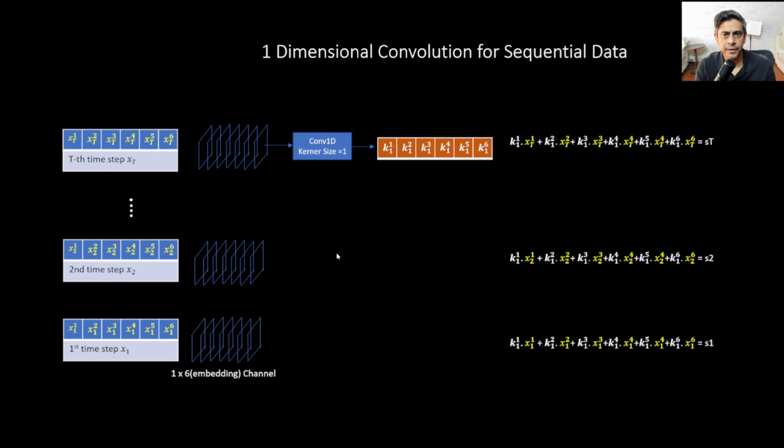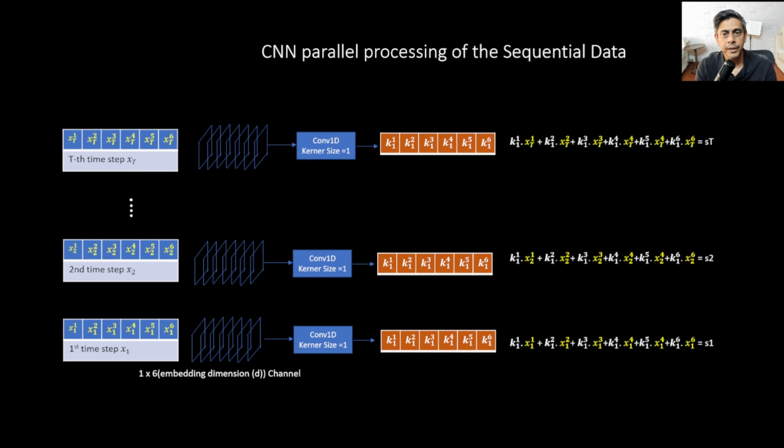We have represented this as a sequential operation just to comprehend the convolution operation, but in reality they are all done in parallel. As a result, in an RNN, we had to wait for the next word to appear, it only happens one at a time, and that leads to the vanishing gradient problem.